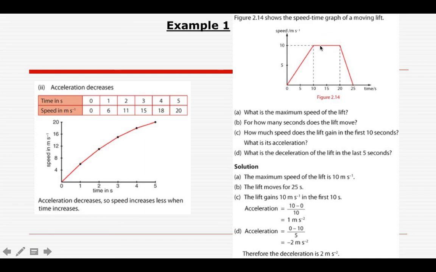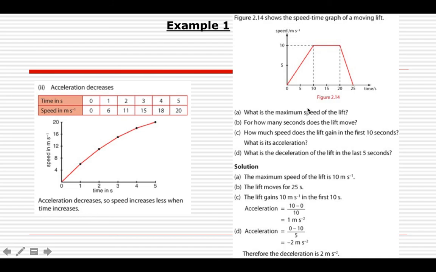So technically the lift is moving here as well. And then again from this point to this point, the lift is moving, because as the time is increasing the speed is decreasing. So for the entire time period of 0 to 25 seconds, the lift is moving. So the lift moves for 25 seconds. Now, how much speed does the lift gain in first 10 seconds?